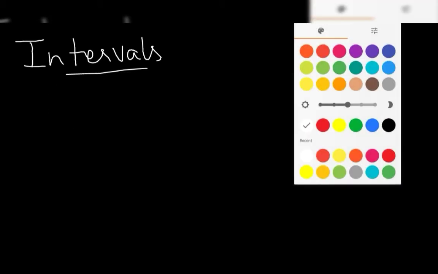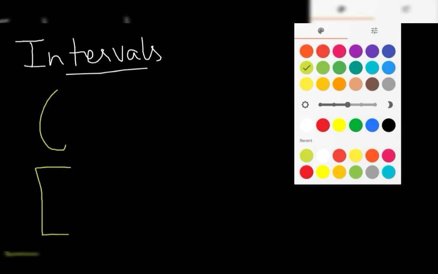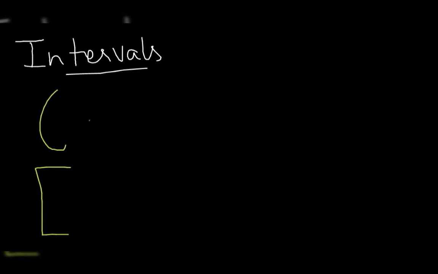Before doing that, let me tell you the concept of intervals. If I have this, let me draw it with a different color so that you understand. If this is a single bracket, it is called an open interval.